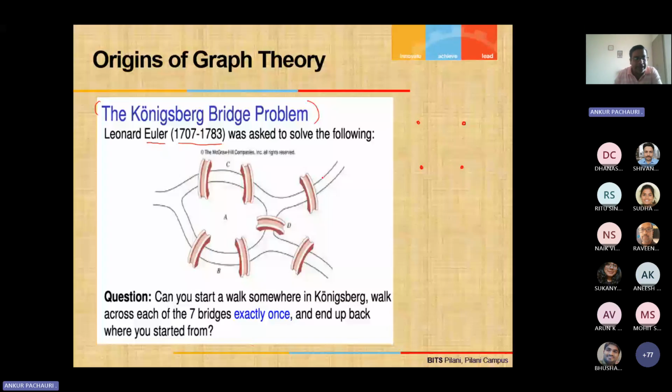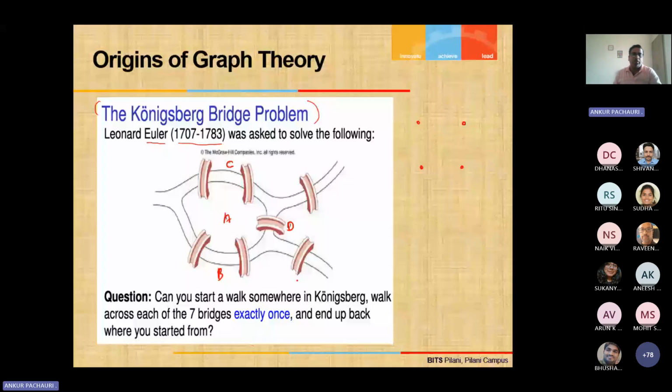The lands were labeled A, B, C, and D, and they were connected by 7 bridges: 1, 2, 3, 4, 5, 6, 7.